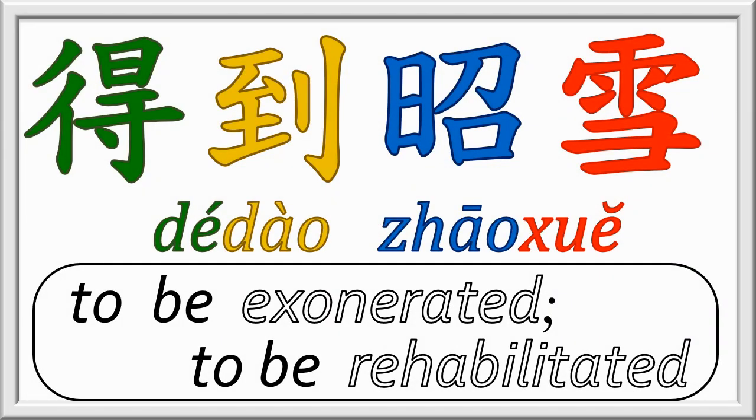The use of snow, 雪, as a verb means to clean or wipe away a blot or smudge, make it white as snow again, which explains the combination with 昭, meaning to restore one's original reputation. 得到昭雪, to be exonerated or rehabilitated.